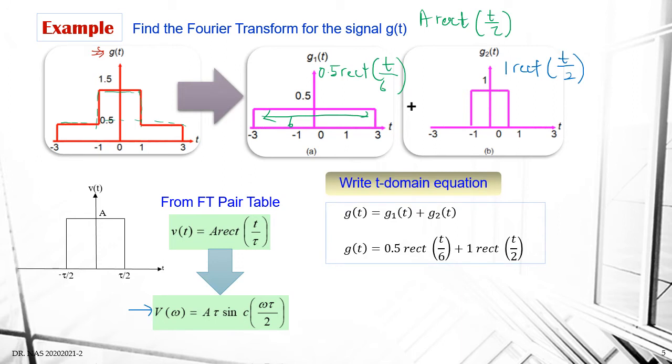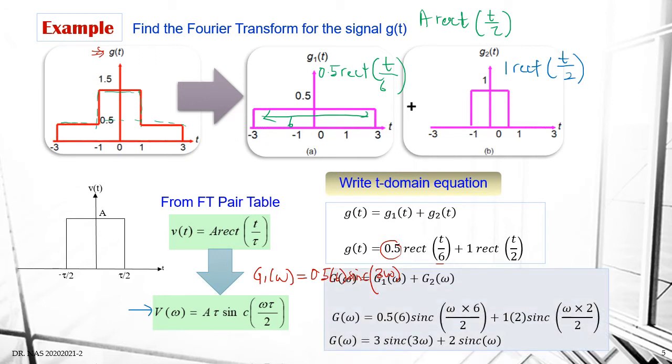For the first signal g1(t), it will produce G1(omega), which is equal to A tau sinc(omega tau over 2). In this case, your A is 0.5, tau is 6, multiplied with 6, sinc(omega tau, tau again is 6, divided by 2), so we get 3 omega. Same goes to g2.